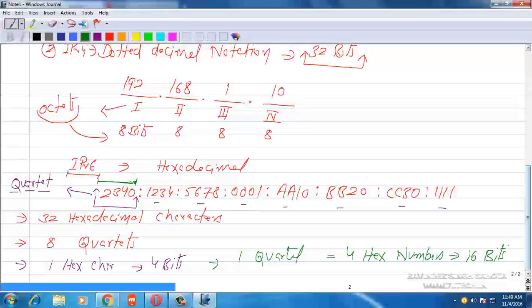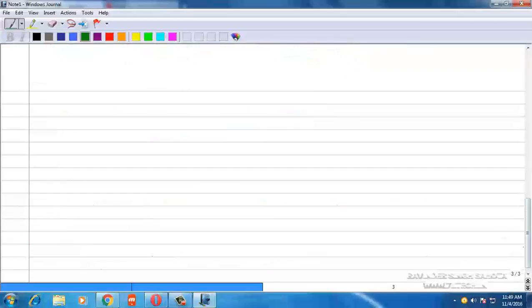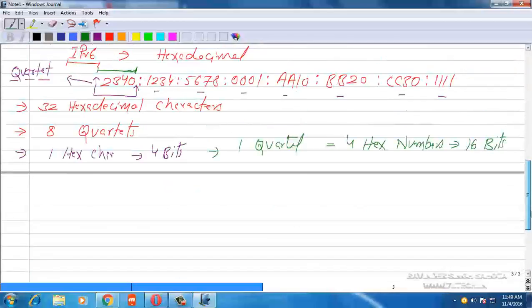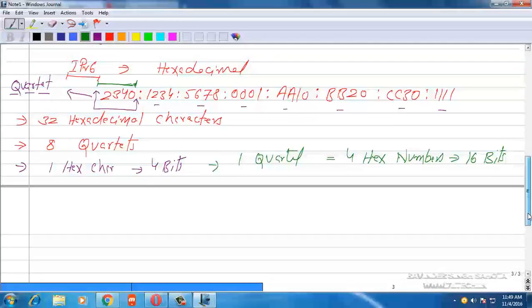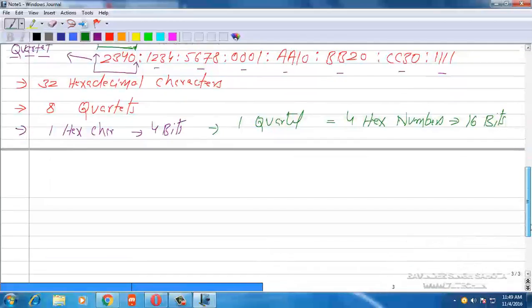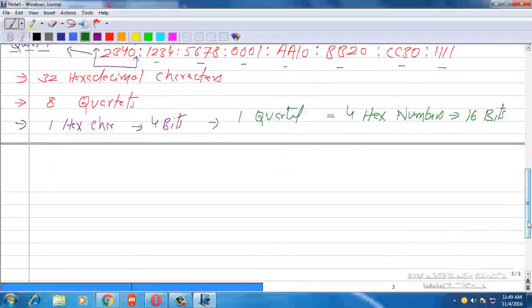So as you can see, an IP version 6 address is very large, and it will be very difficult to remember this address, as well as difficult to configure this address on each PC manually. So there are various mechanisms in IP version 6 wherein the address configuration is mostly automatic. We will discuss that also.